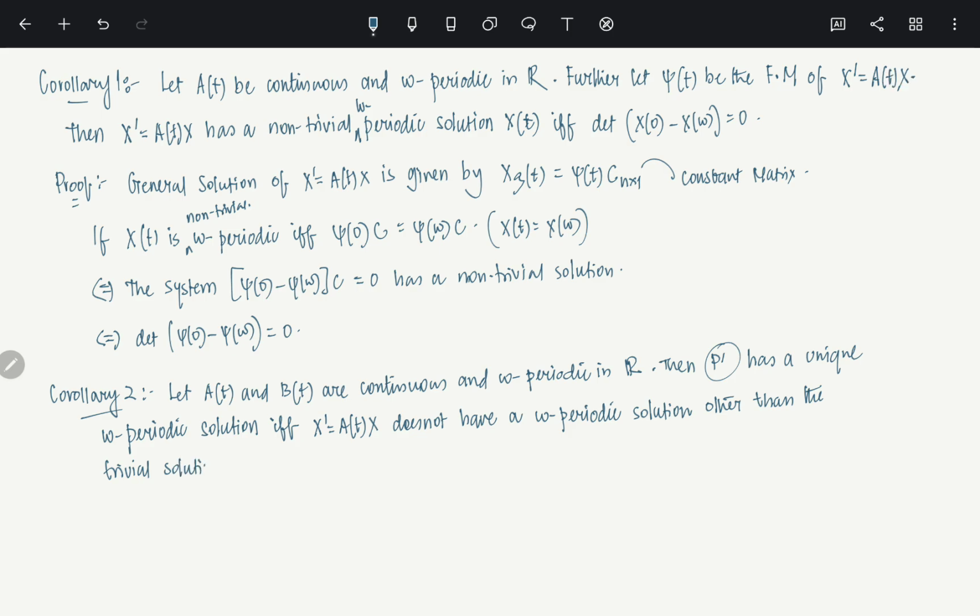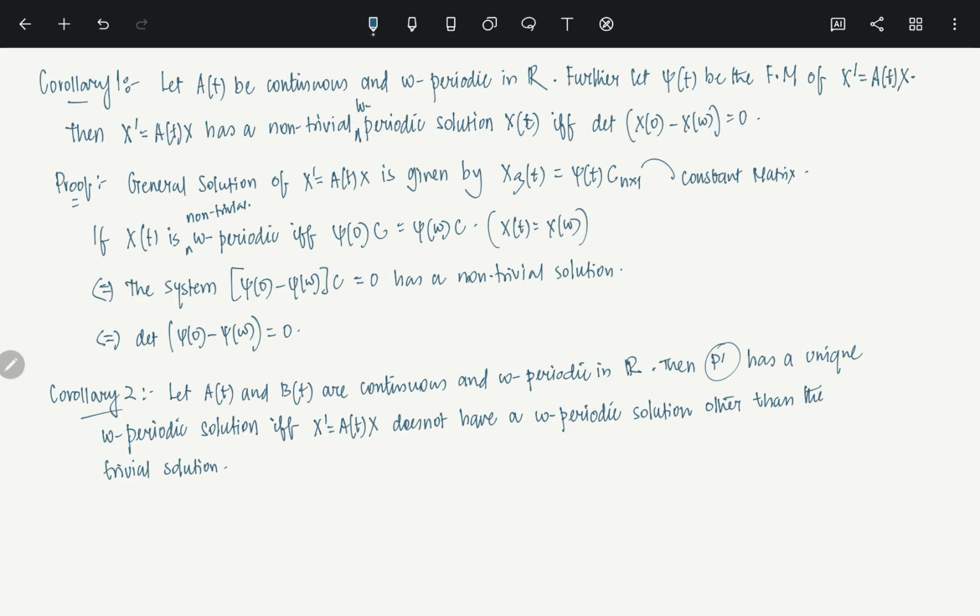Okay. So it's a beautiful corollary actually. See, what it is saying is this. We want to know whether there is a unique W periodic solution for an inhomogeneous system.